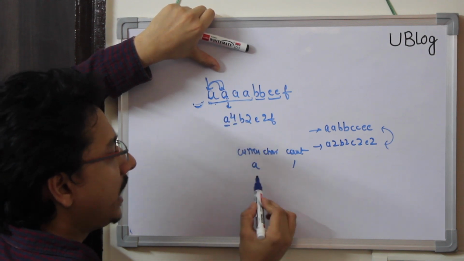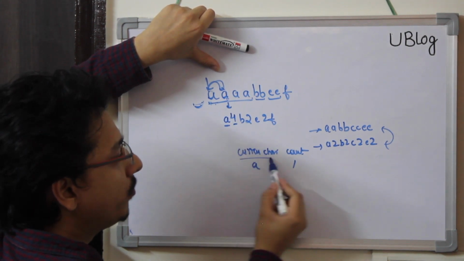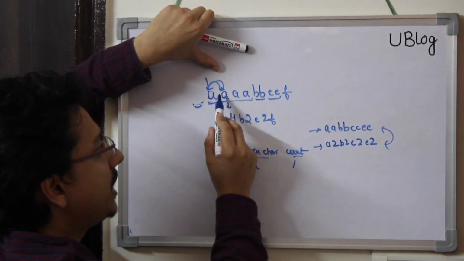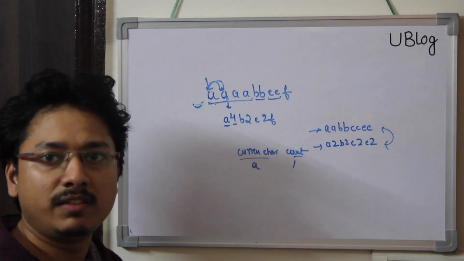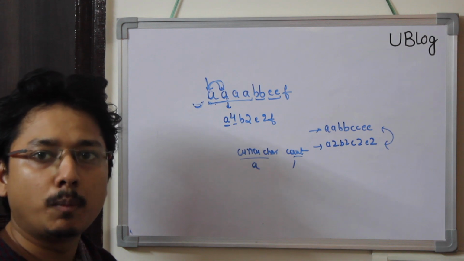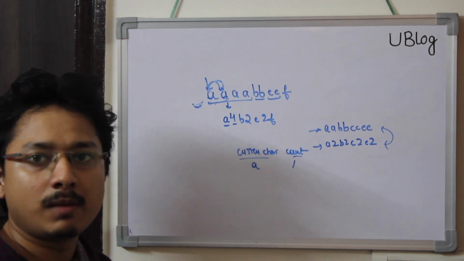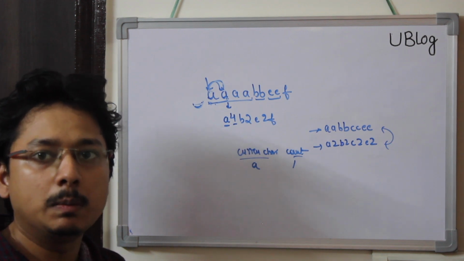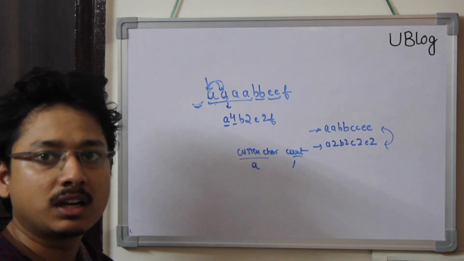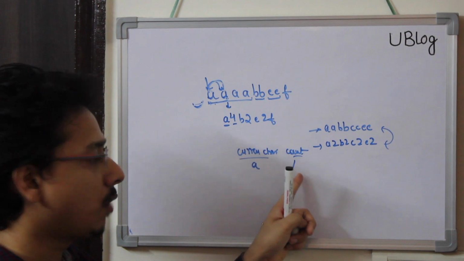Before updating these 2 variables, I need to compare with the previous variable. If the previous variable is the same as the current, I need to update the count. If my previous variable is not the same, that means the chain of characters like A or B has broken, and I need to print the current character with its count.